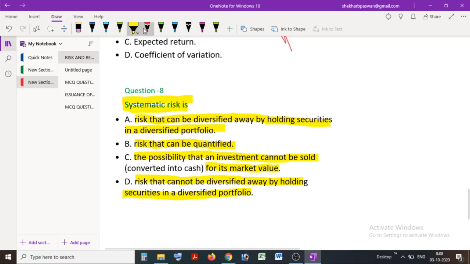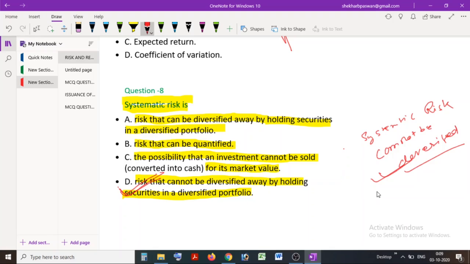The correct answer is D, because systematic risk is a kind of risk which cannot be diversified. We should remember this term. We cannot mitigate this risk.